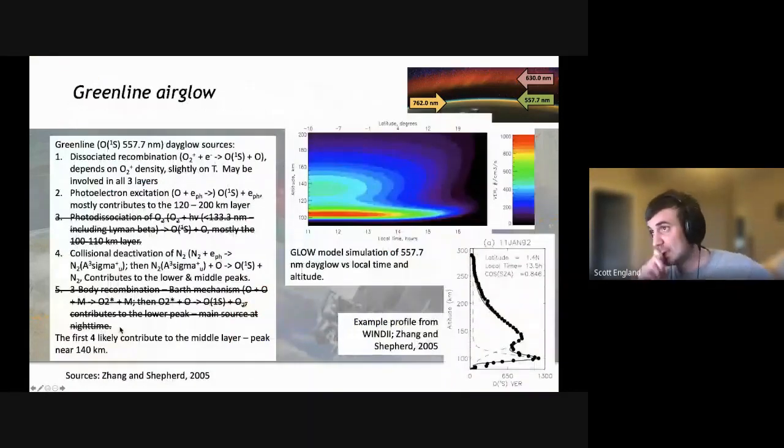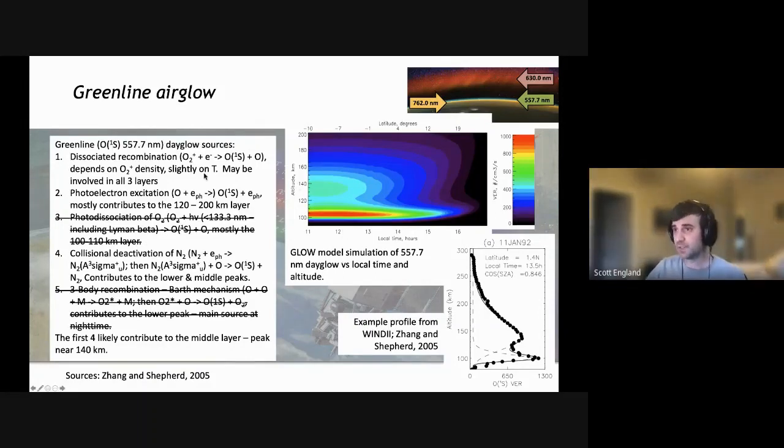Go back. Here's five sources. So it's a blended line. It's all about why you get oxygen in this excited state in the daytime. Different sources maximize at some of these different altitudes. So this three-body mechanism is what's producing this low altitude bright emission that stays through the night. The photodissociation of O2 from things like Lyman beta is mostly in this lower altitude region, so that's why I'd crossed that one out.